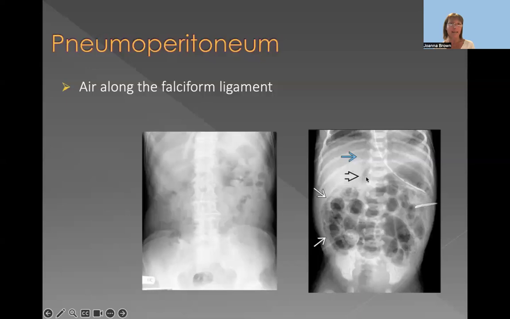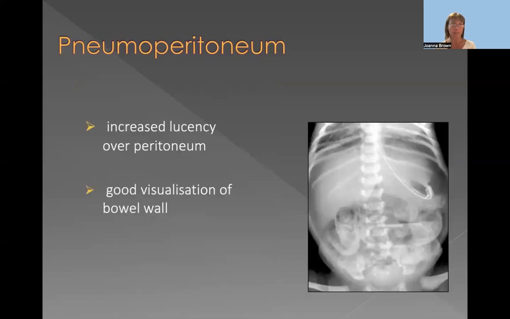In this child, because we have only a small amount of air, you can see a lucent line projecting and extending over one side of the ligament. So both are X-rays suggestive of perforation.